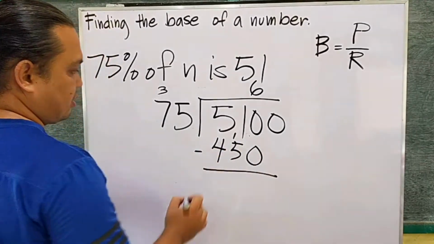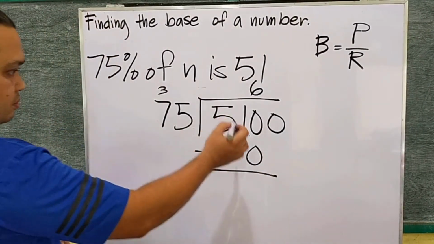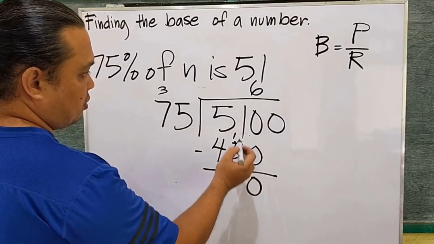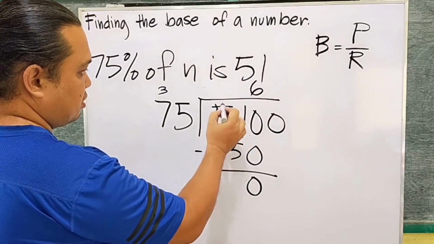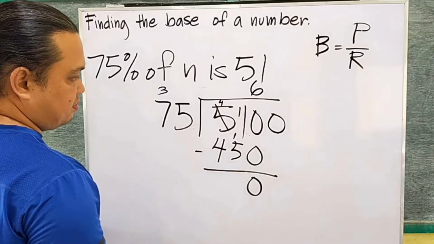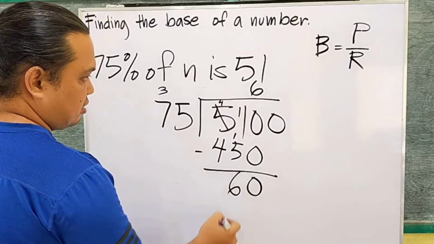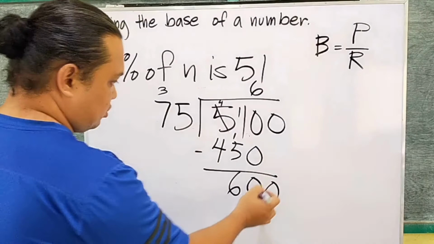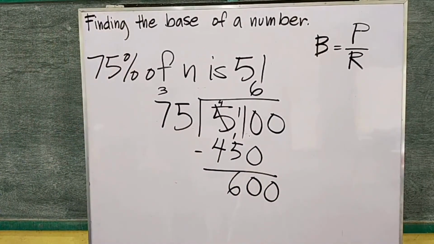Let's subtract. Now 0, 1 minus 5 cannot, so borrow. 0 becomes 11, 5 becomes 4. Now 11 minus 5, that's 6. Going down, 0. So we have 600.